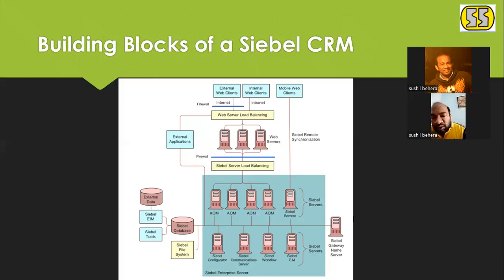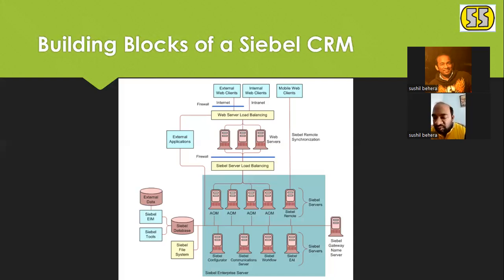It identifies that you need to reach the application object manager, which is a server component. Now the application object manager is available in server 1, server 2, and server 3, so it will redirect the request to any of these servers. These things are done by the Siebel gateway name server.